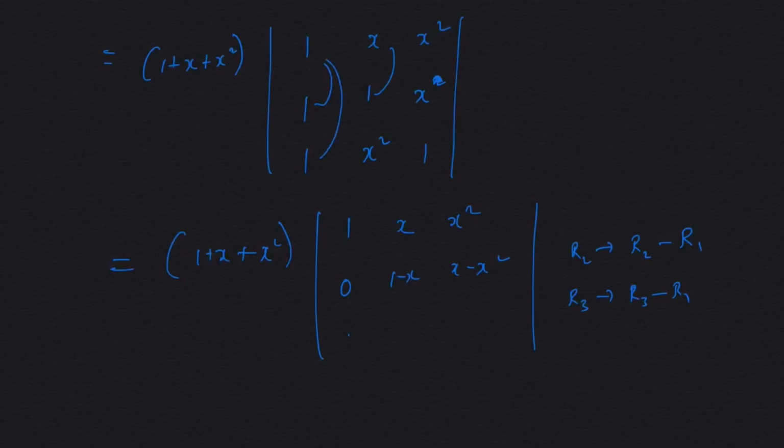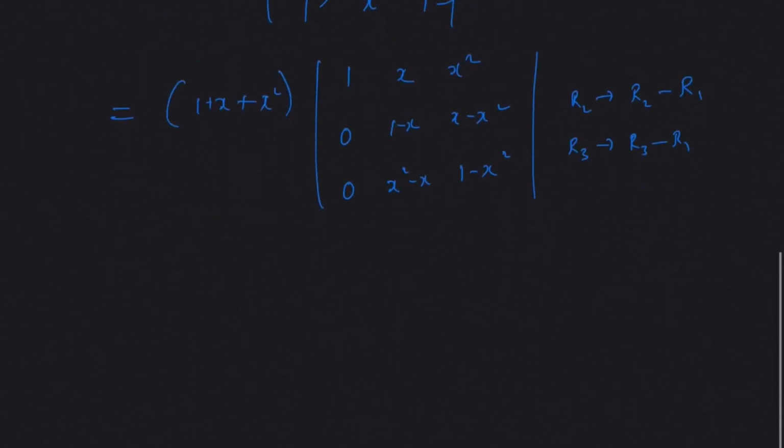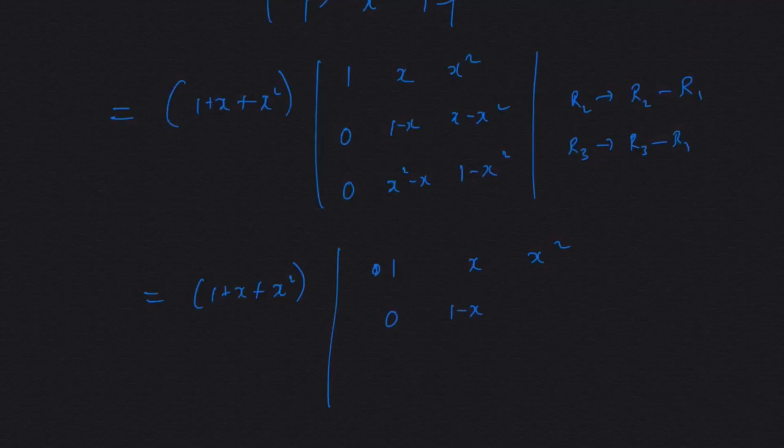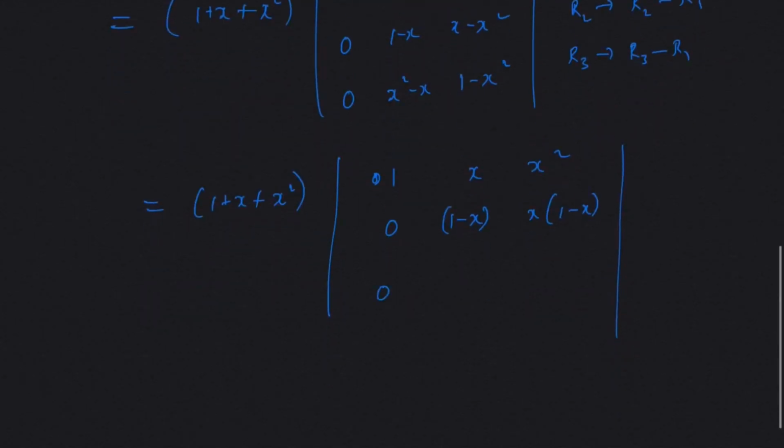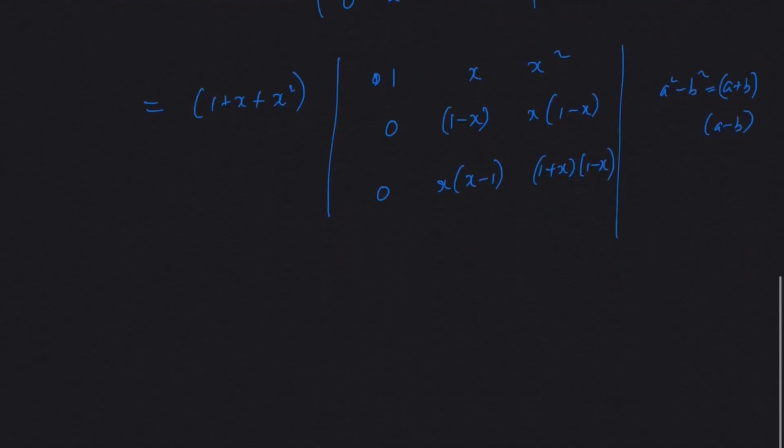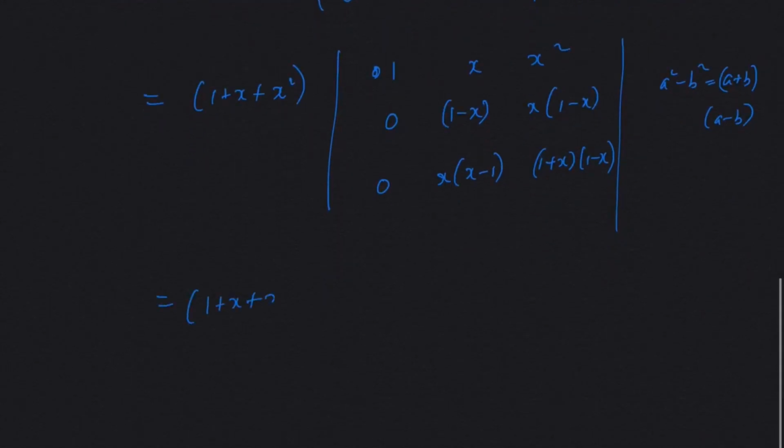R3 minus r1: 0, x square minus x, 1 minus x square. We can do some more simplification. From x square, 0, 1 minus x, we take 1 minus x common; from the next, take x common, giving x minus 1, so be careful with that. 1 minus x square can be written as 1 plus x into 1 minus x, because we have the formula a square minus b square is a plus b into a minus b.